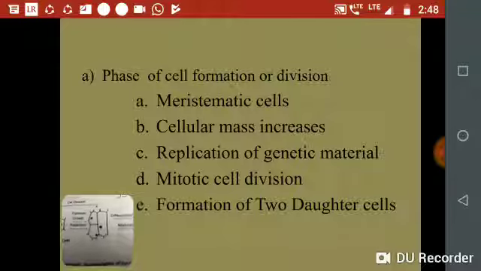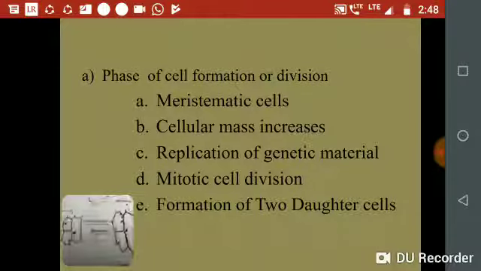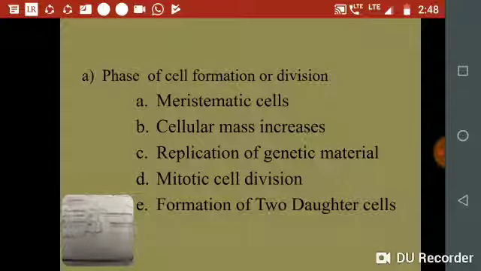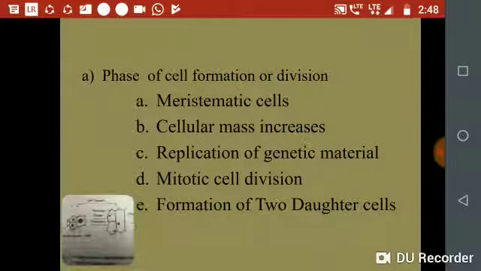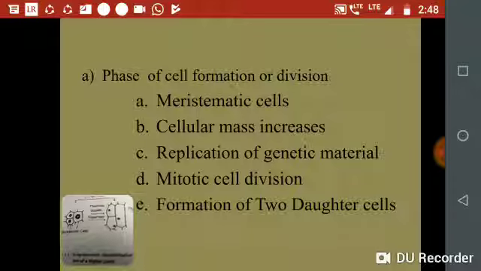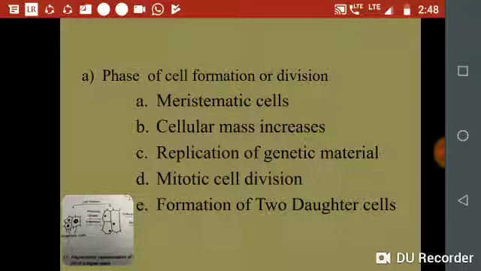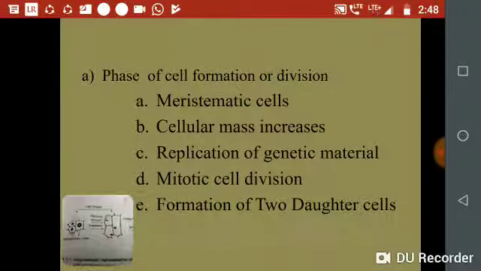The meristematic cells at the growing points: the first phase is the phase of cell formation or division. In that, first comes the meristematic cell. The meristematic cells at the growing point are isodiametric with a dense mass of protoplasm.